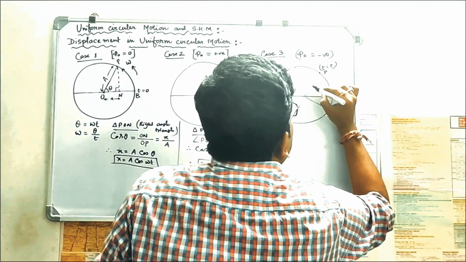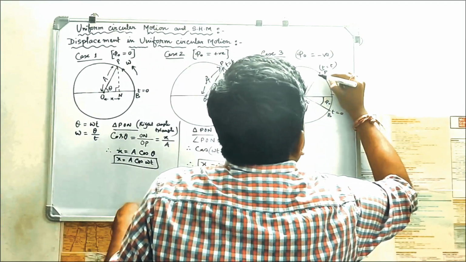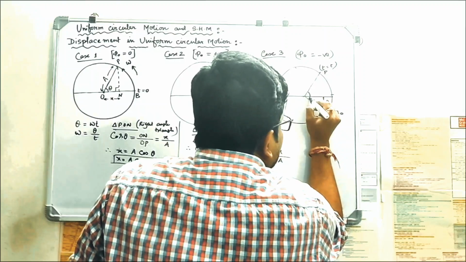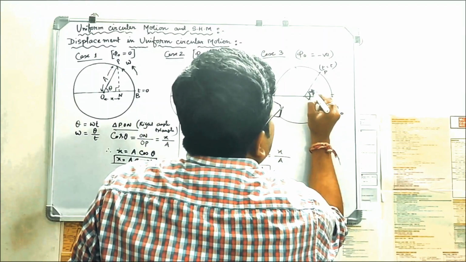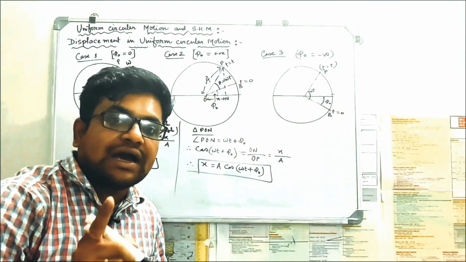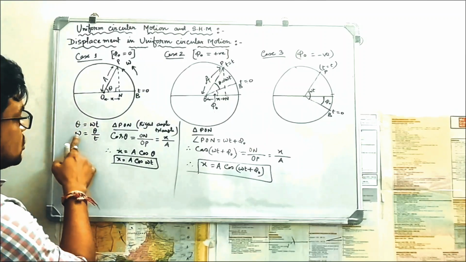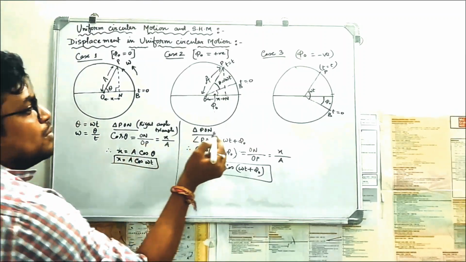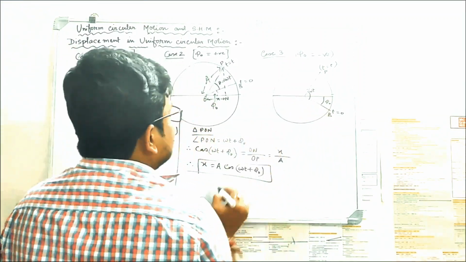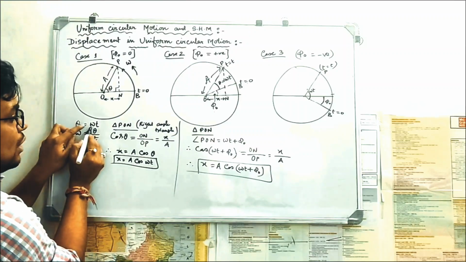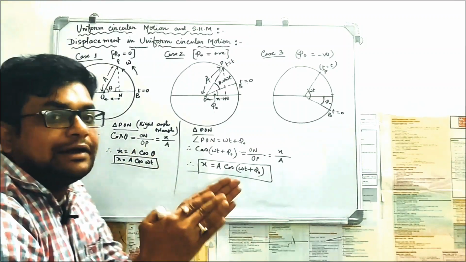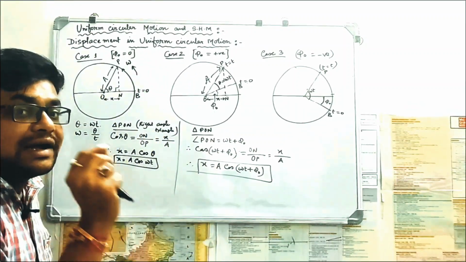So the total angle occupied is omega t. Why omega t? Because theta means how much angle has been covered, that is angular velocity multiplied by time, which is called angular displacement.